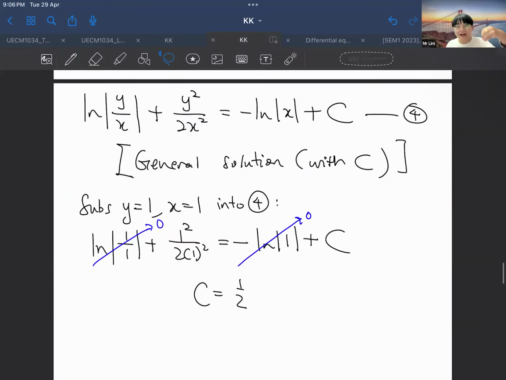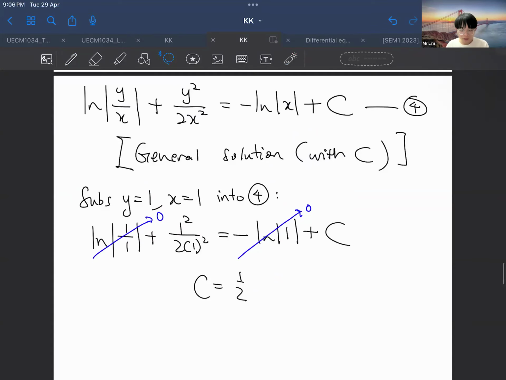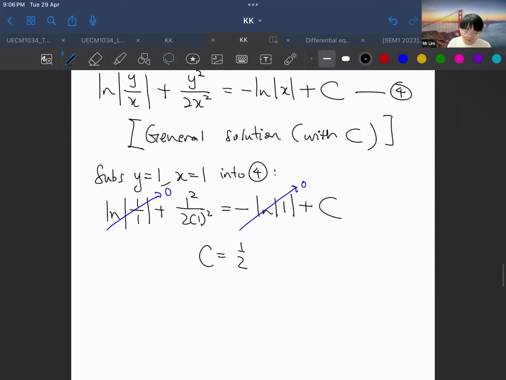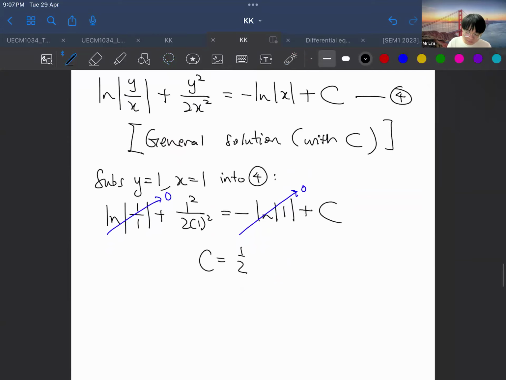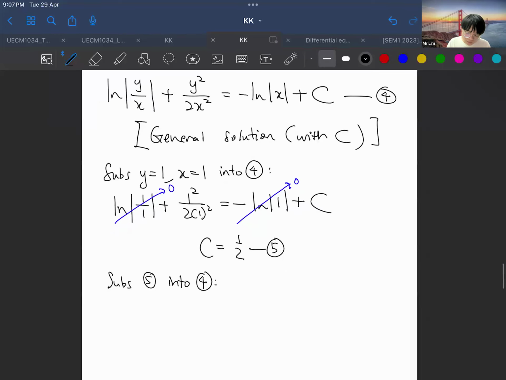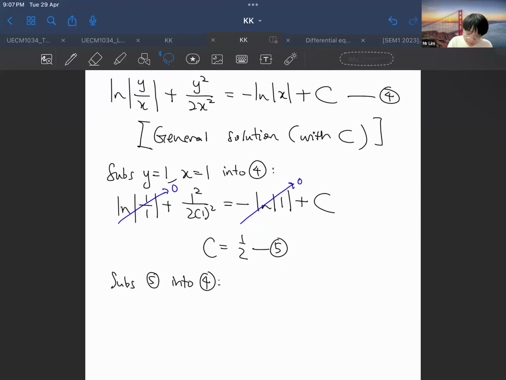Finally, we substitute back into equation 4, so we substitute 5 into 4. You get back the equation, I'm just going to copy paste, but now my c is equal to 1 over 2.